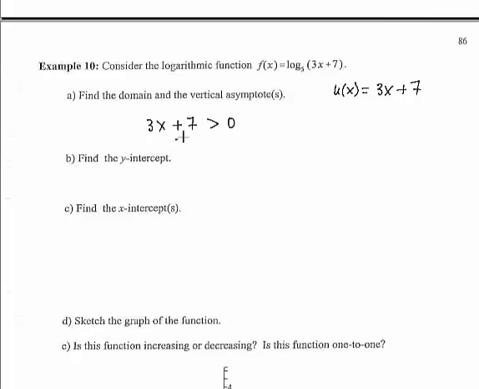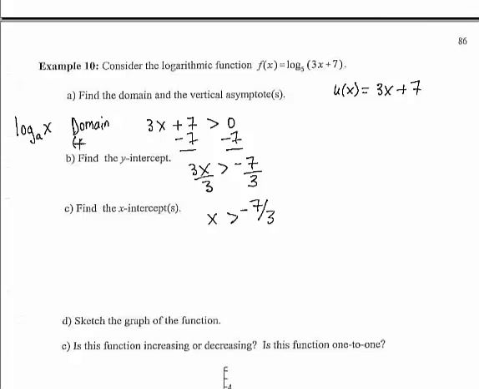Okay, well, we subtract 7 from both sides. We get 3x is greater than negative 7. We divide by 3. And then we get x is greater than negative 7 over 3. So, remember from above, we were given the standard form of a log function, and it stated that the domain was from 0 to infinity.